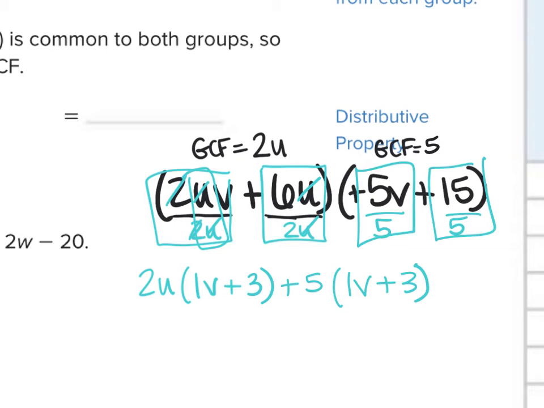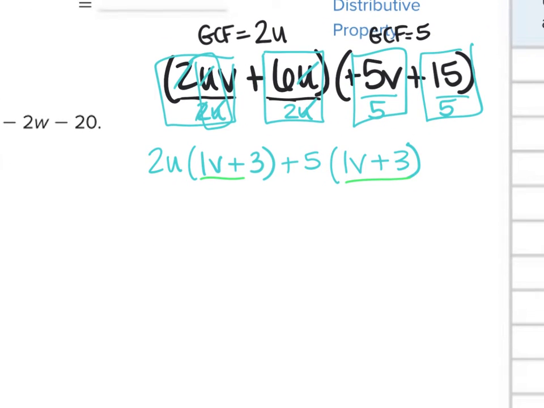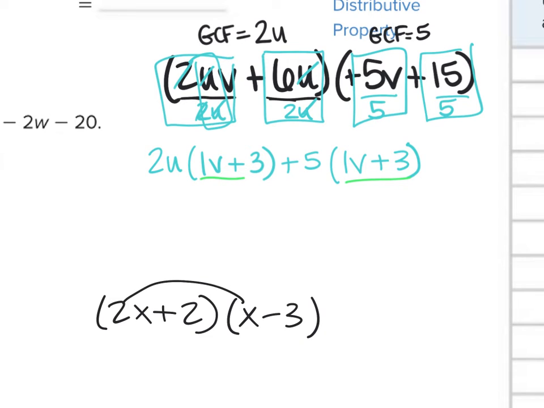Okay, now pause and look here real quick. If you did it correctly, so if you picked the correct greatest common factor and you divided right, your parentheses should match. But this is not simplest form. This is just an example, you don't need to write it. When we did this, I do the 2x times the x, and the 2x times the negative 3, and then the 2 times the x, the 2 times the negative 3.